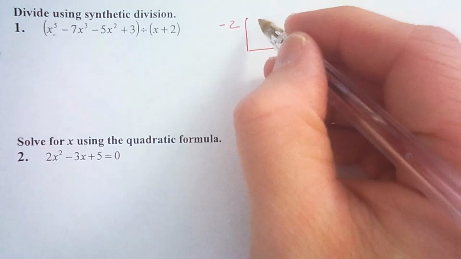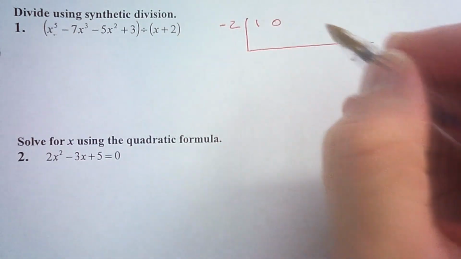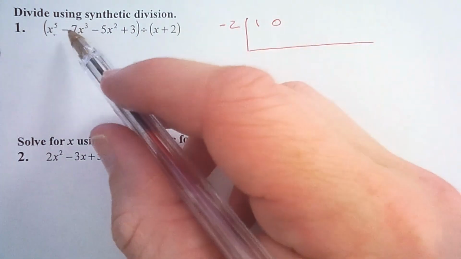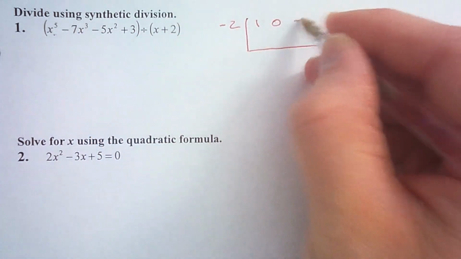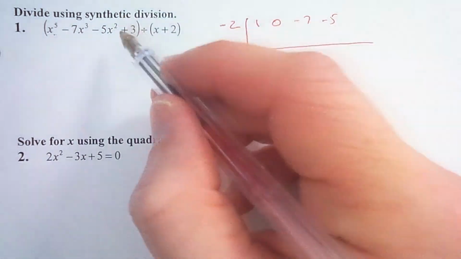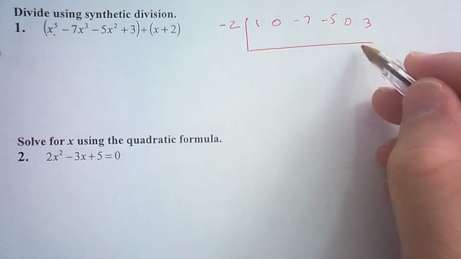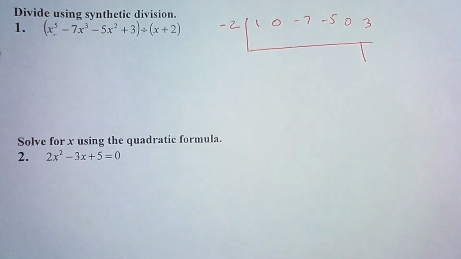So I have 1x to the 5th. I have no x to the 4th. I don't want to skip any descending powers. I have negative 7x cubed, negative 5x squared, 0x, and 3. Now right here is where my remainder will go.